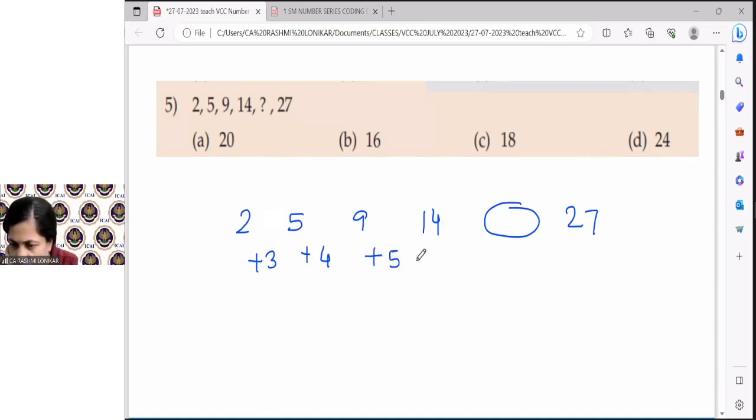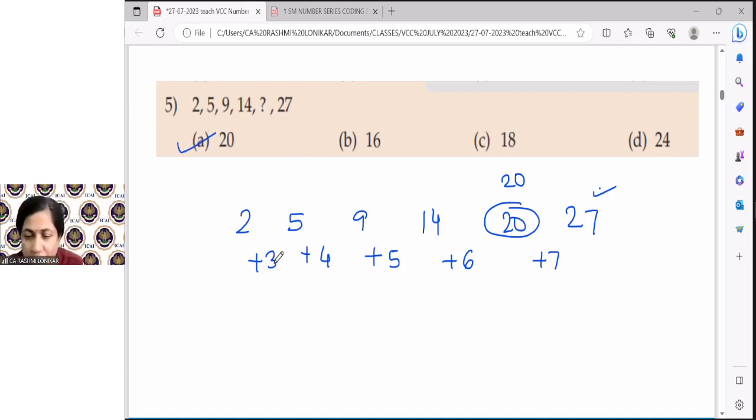So 3, 4, 5. Let me try this. Let me write this as 6 and let me write this as 7. Okay, because it is 3, 4, 5. Simple addition. So 14 plus 6 is how much? 20. I have to check whether this is correct or not. So 20 plus 7, 27 I'm getting. So 20 is the correct answer. So A will be the correct answer.